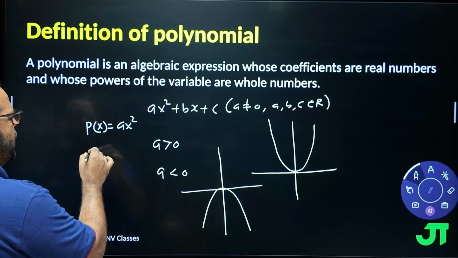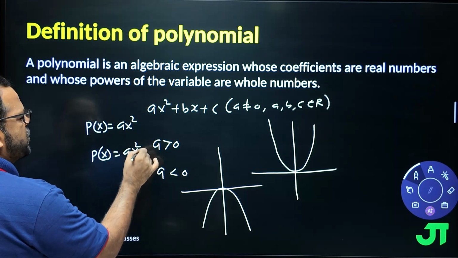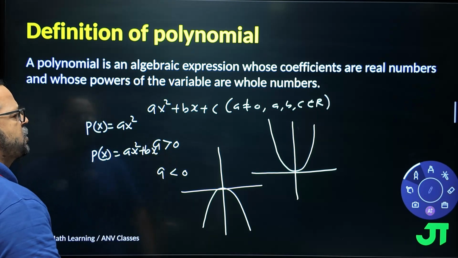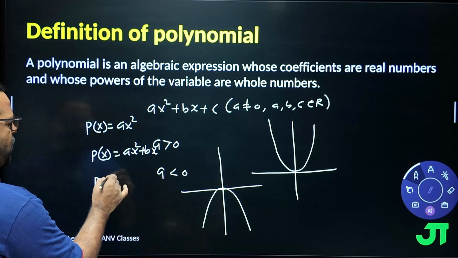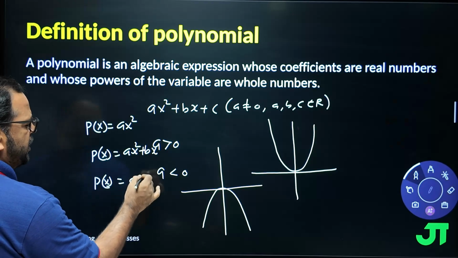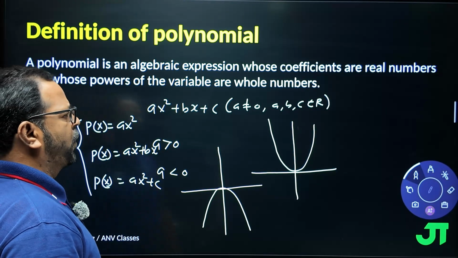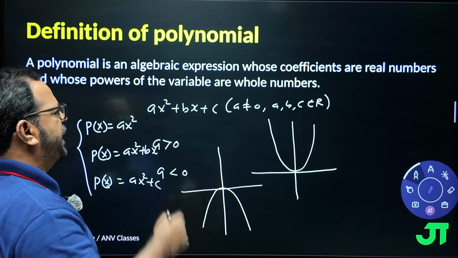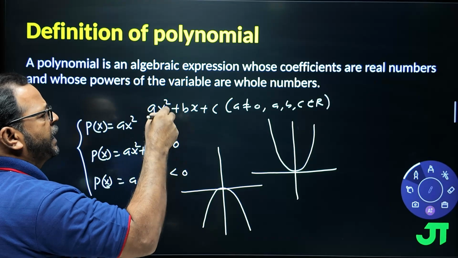Next one is p(x) = ax² + bx. The third one is ax² + c. These are three quadratic polynomials. But a ≠ 0 is the regular condition.